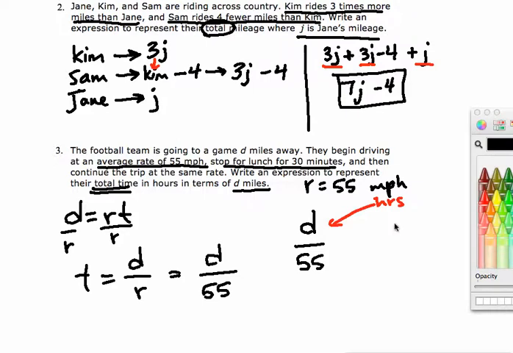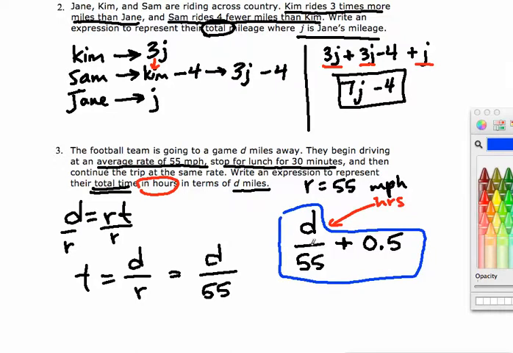And then we want to add on the amount of time that we spent for lunch. You don't want to add 30 here because our original time is in hours and it asks for our total time to also be in hours. So you need to convert 30 minutes to hours, and it ends up being half an hour, so 0.5. So our final answer here is D over 55 plus 0.5.